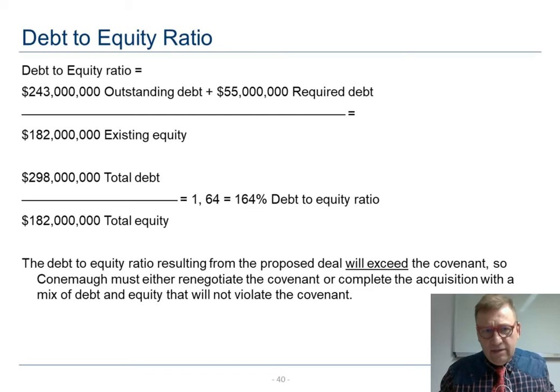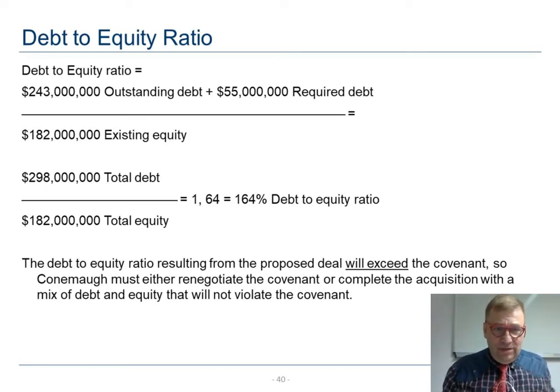Yes, it's like this. Because we take the existing debt, then the required debt, because it will make the debt of the Conmo company higher, and we divide it by existing equity, so this total new supposed debt to total equity is 1.64.